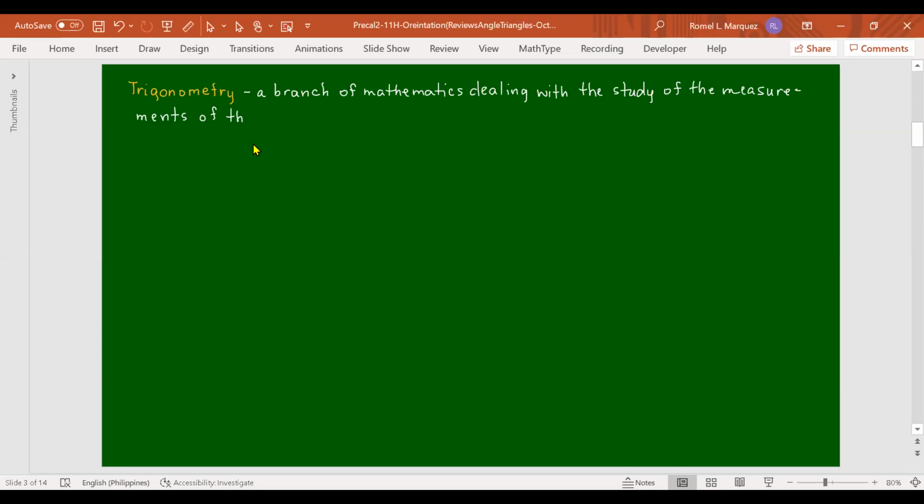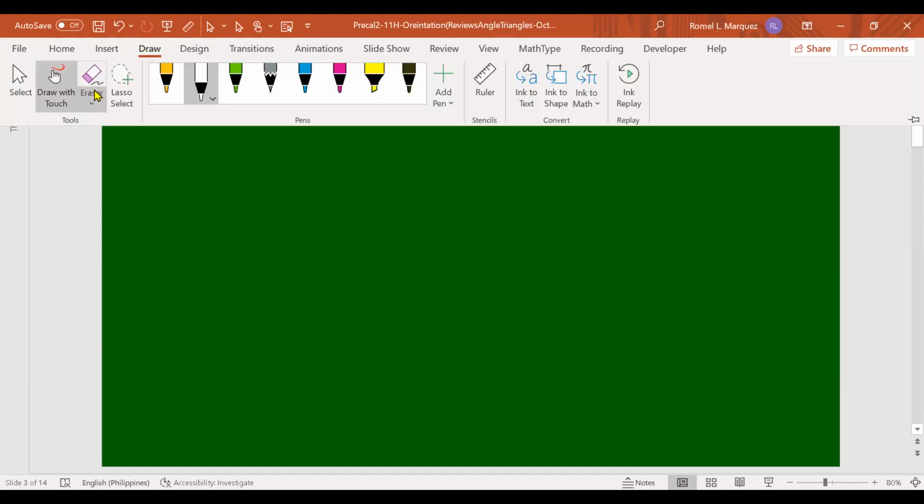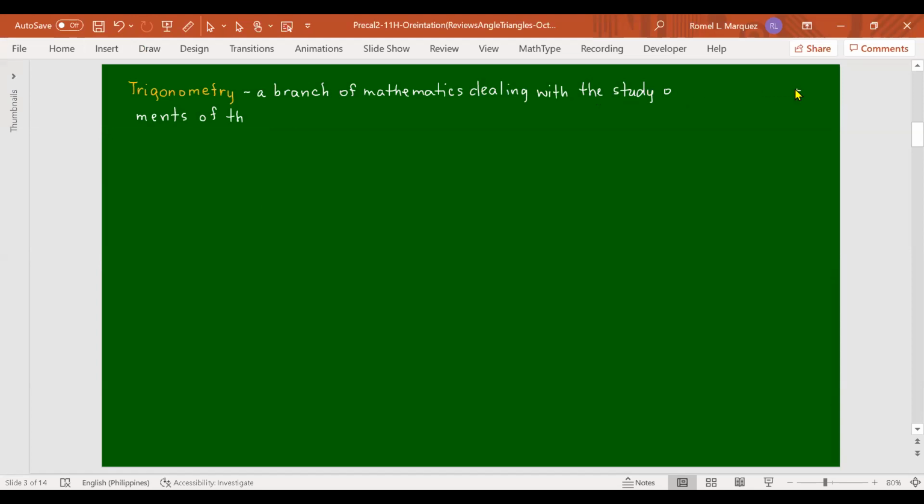Dealing with the study of the triangles and the measurements of their parts. So dealing with the study of triangles and the measurements of their parts.